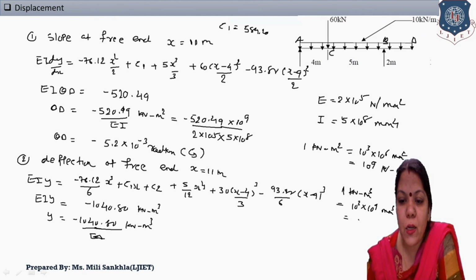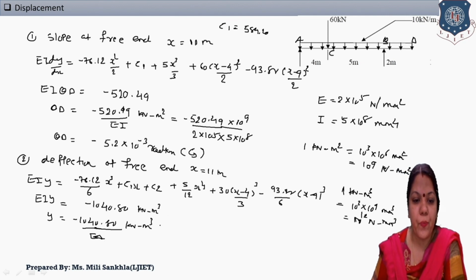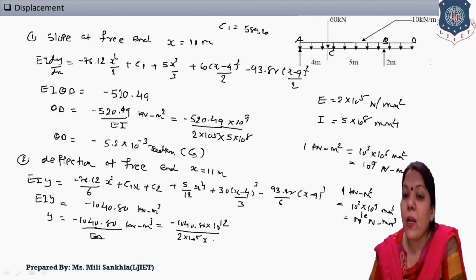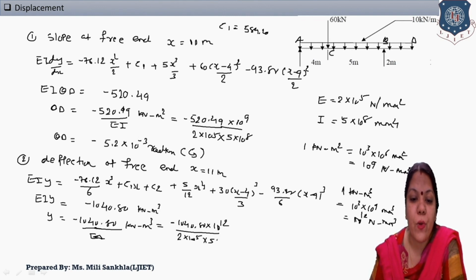So that is 10 raised to 12 Newton mm cube. Okay, next it is equal to minus 1040.80 into 10 raised to 12 divided by E, 2 into 10 raised to 5, and value of I is equal to 5 into 10 raised to 8.